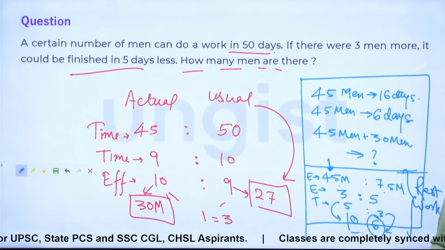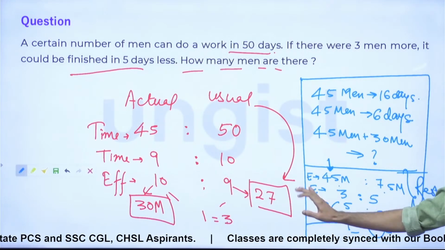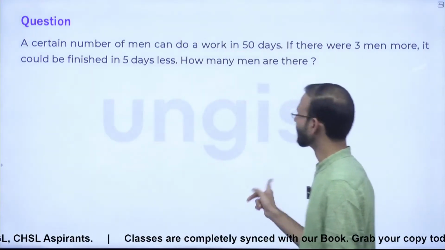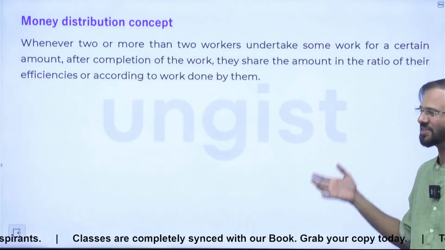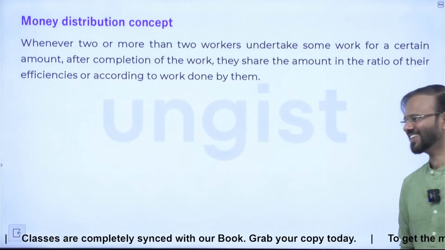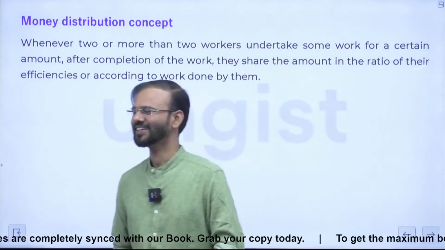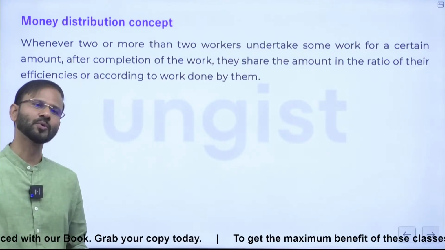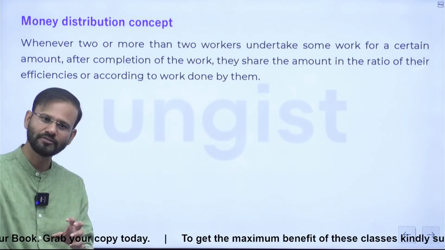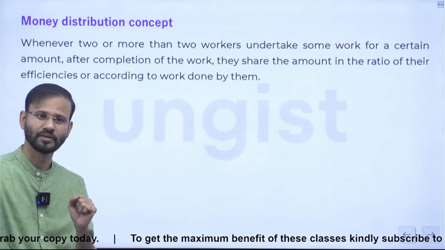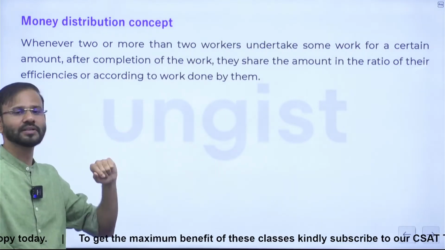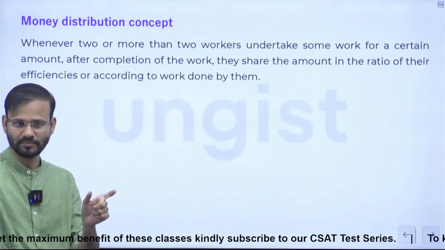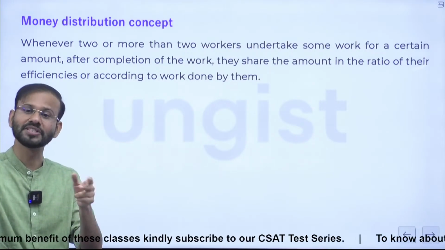Vimy, are you done? Okay, good. So after that, guys, we have the money distribution concept. The concept is that whenever two or more workers undertake some work for a certain amount, after the completion of the work they distribute the money according to their work done, or in the ratio of their efficiencies.